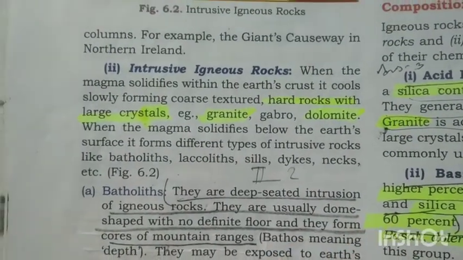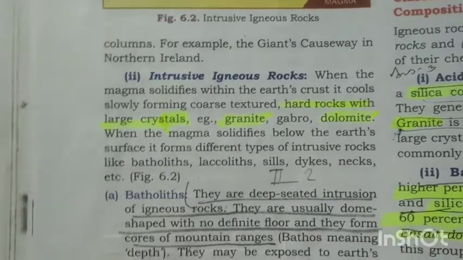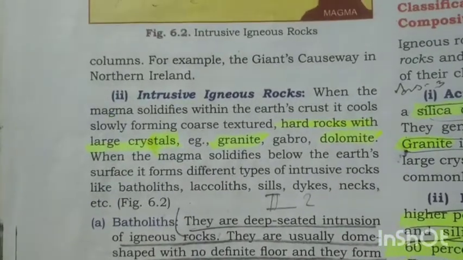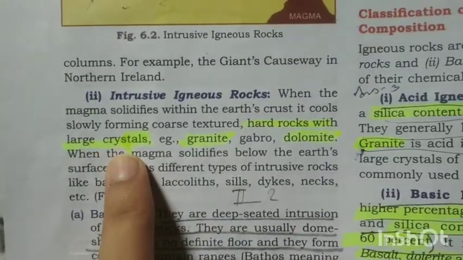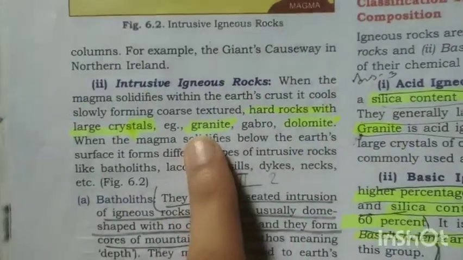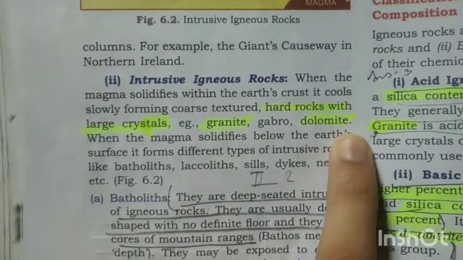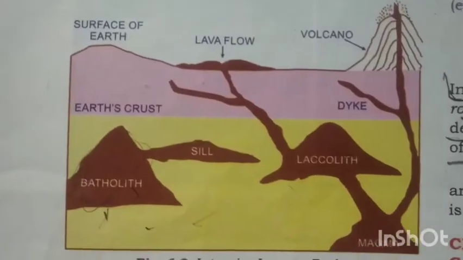The rate of cooling is slow, and as I told you, slow cooling means large crystals. So large crystals and hard rocks. Examples are granite and dolomite.